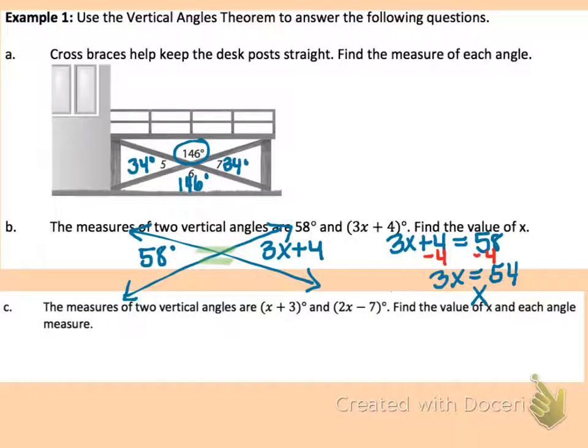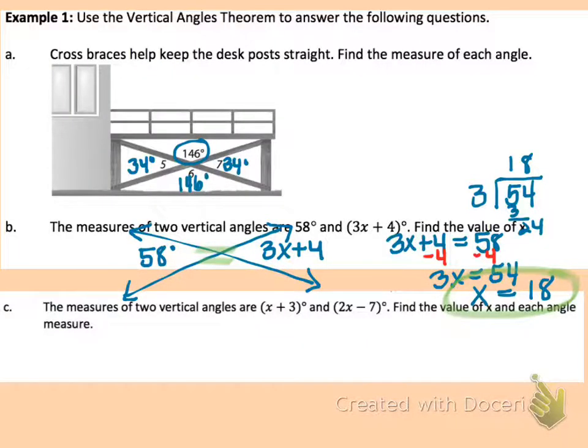So let's see, 3 into 54, you can certainly use a calculator, but 3 goes into 5 one time, 2 left over, and 3 goes into 24 8 times, so that would be x equals 18. And that's really all they ask us to do, is find the value of x. Now if we were to take that 18, plug it back into that expression 3x plus 4, we should also get 58 degrees because those angles are congruent.